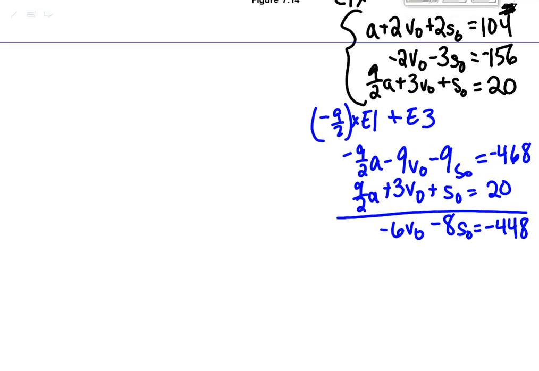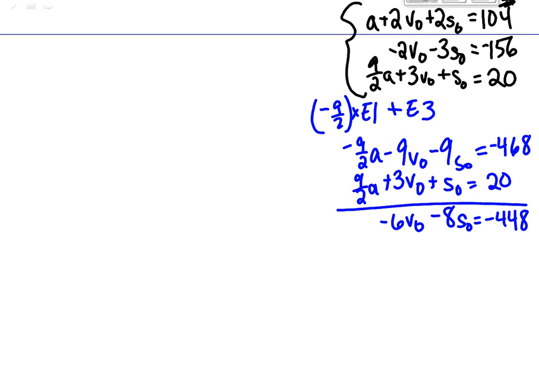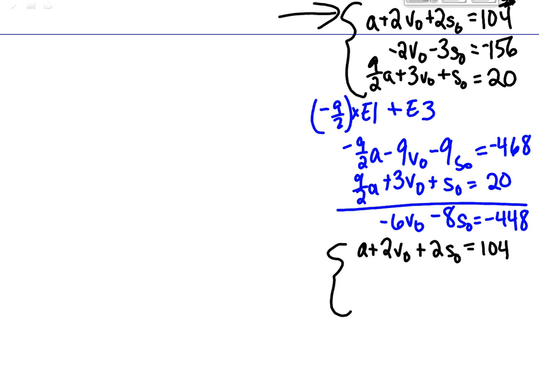So I'm going to go back up here so that I can just see my last set. And I'm going to say now I've got A plus 2 V sub 0 plus 2 S sub 0 equals 104. That's that first one right there. And the second one is staying the same as well. So those are the two that I'm writing right now. And so negative 2 v sub 0 minus 3 s sub 0 equals negative 156.